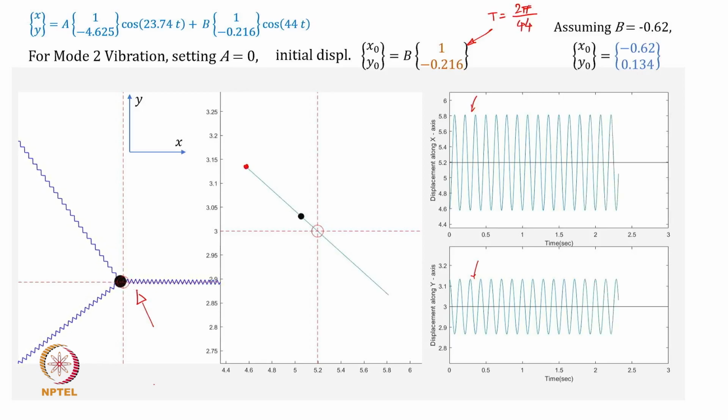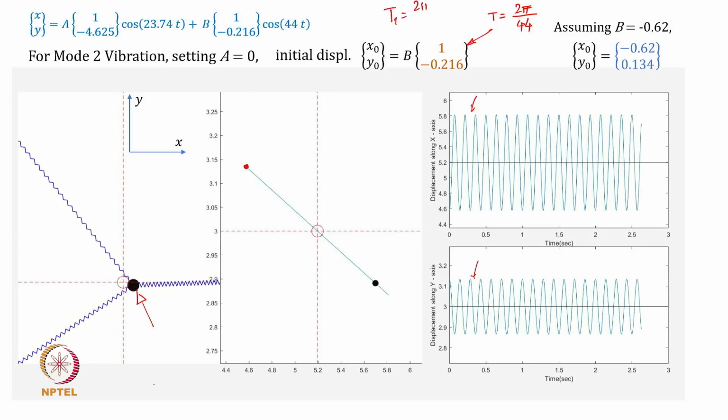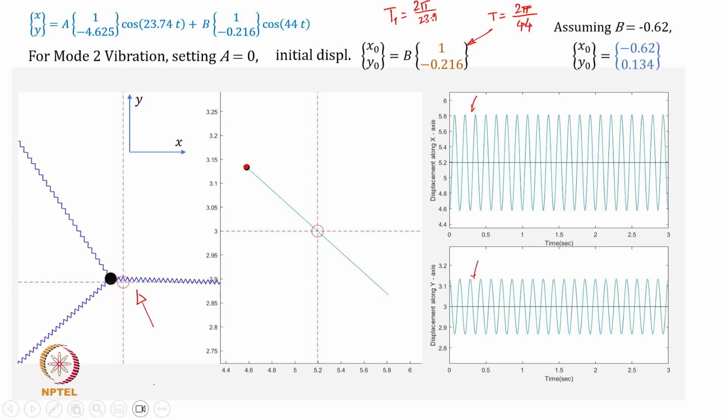Okay, and you may notice that in the earlier case for the first mode, this same time period was 2 pi by 23.9 or so, which actually means the larger time period. So you can see that in the same time from 0 to 3, many more cycles have been completed because the frequency here is more than the first mode natural frequency.